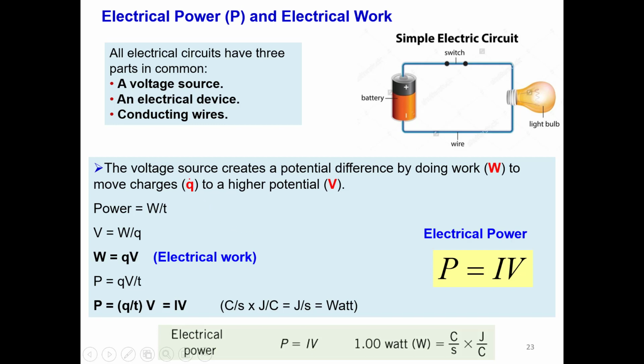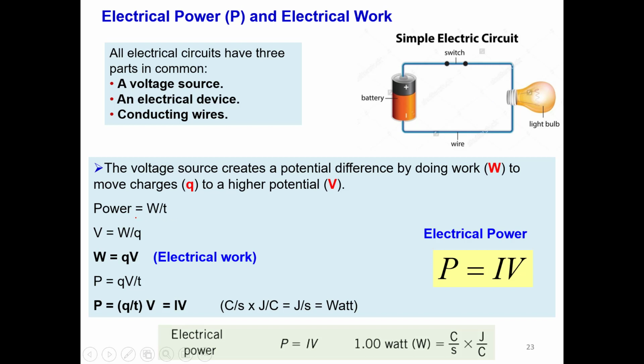Then what happens is the voltage source creates a potential difference, and this potential difference is doing work on the bulb or lamp, whatever we have here, to move charge to a higher potential.